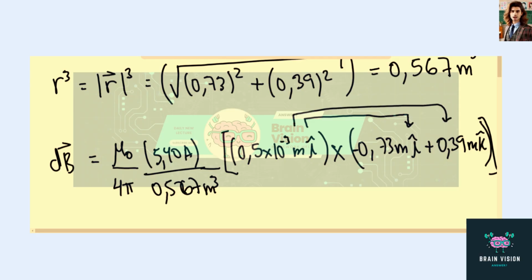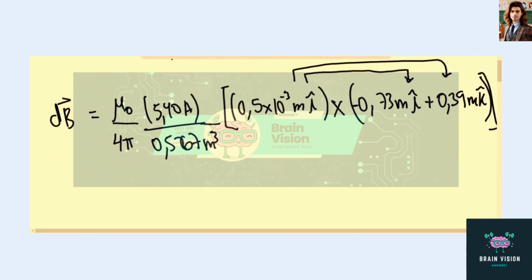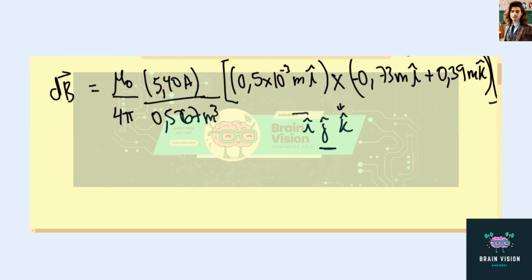But from the other one, we will be doing the cross product between I and K. And that cross product, if we know the rules for that, will give us minus J, because if we do K cross product with I, we'll obtain plus J. So in that sense, we will obtain minus J, this in here.